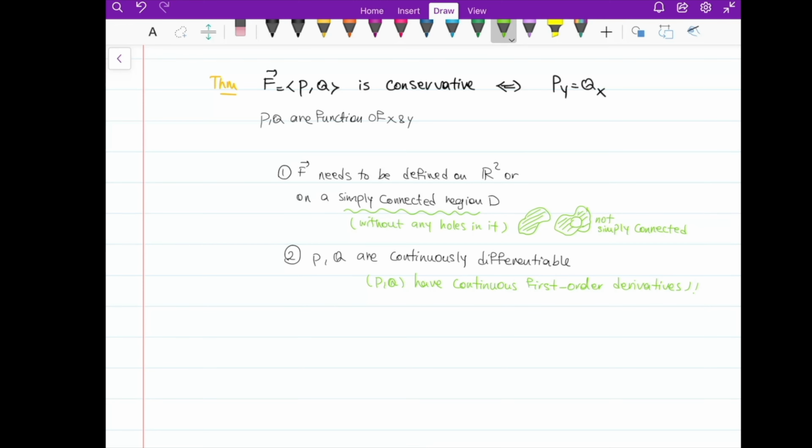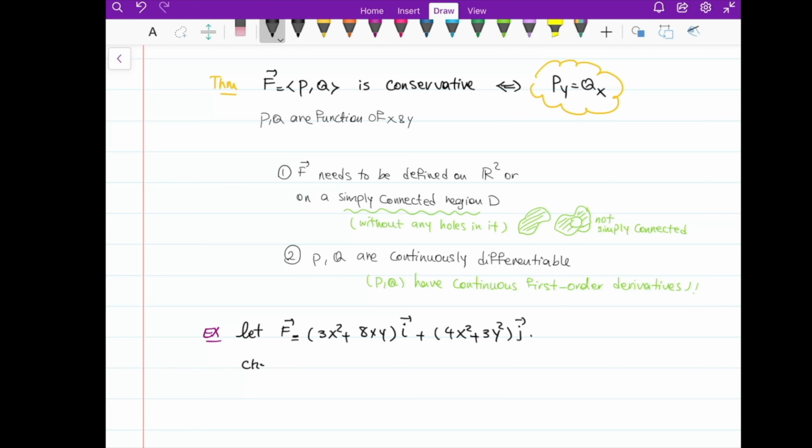Okay, so let's look at an example to see how we can apply this theorem and figure out whether our vector field is conservative or not. The example is this. Let the vector field F be (3x squared plus 8xy) i plus (4x squared plus 3y squared) j.